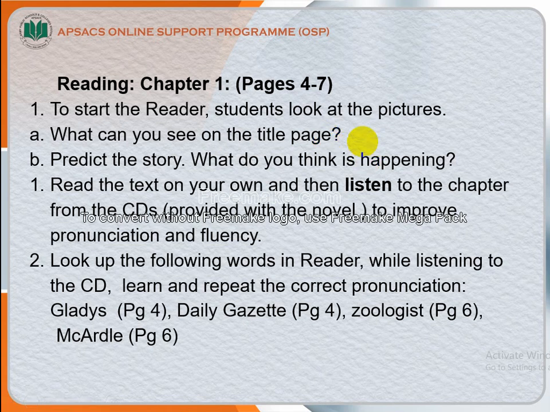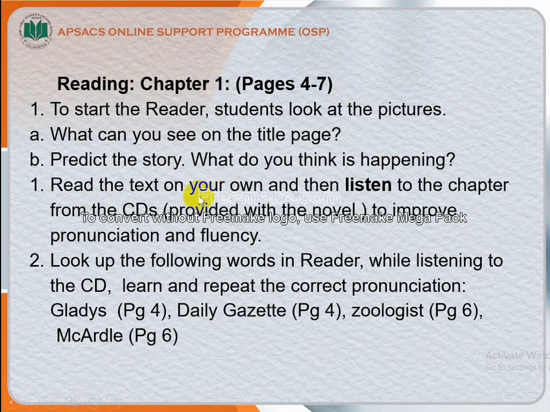You can tell me in the WhatsApp group, and you can also predict the story from what is on the title page. You can see many things, like strange animals such as dinosaurs and pterodactyls, and there are some people in the forest. So you can predict what might have happened in the story.